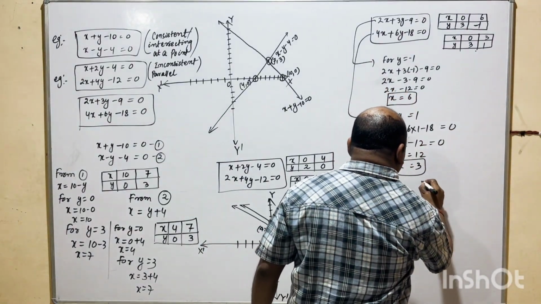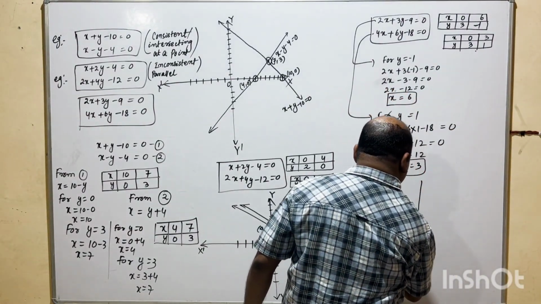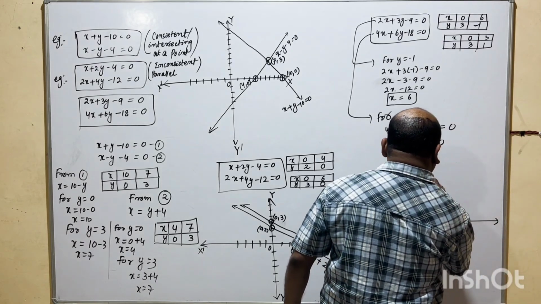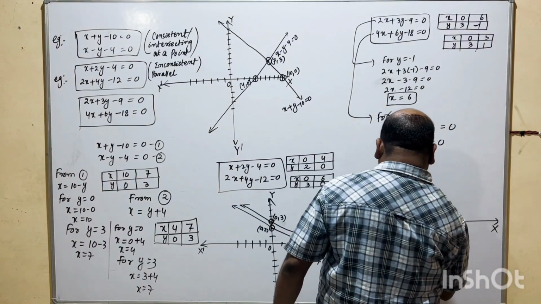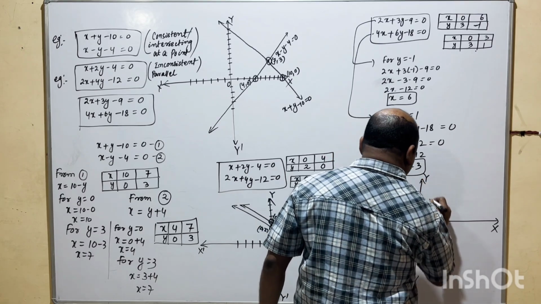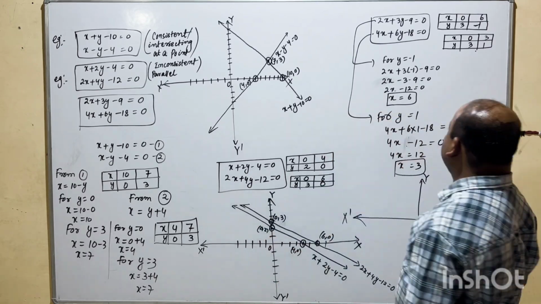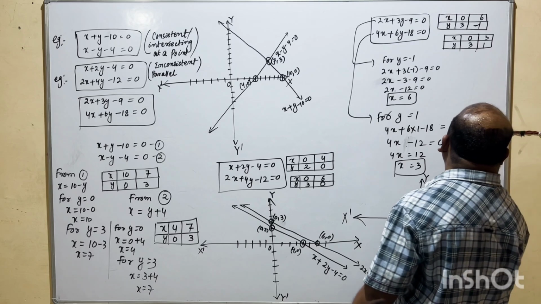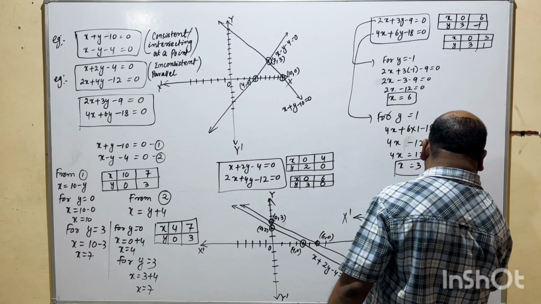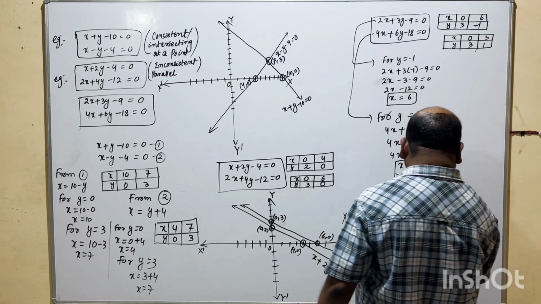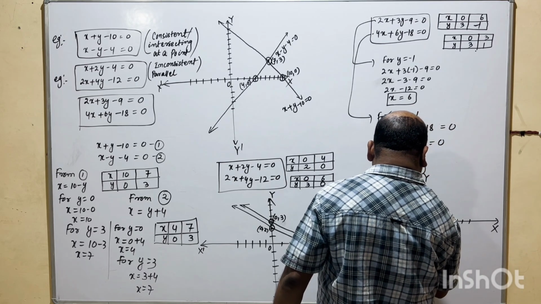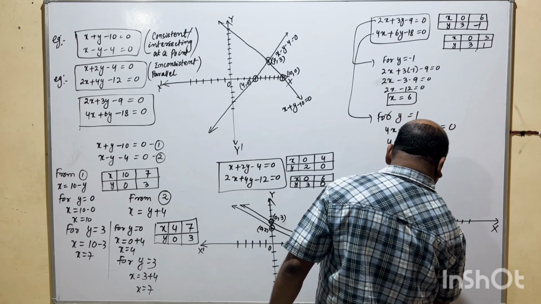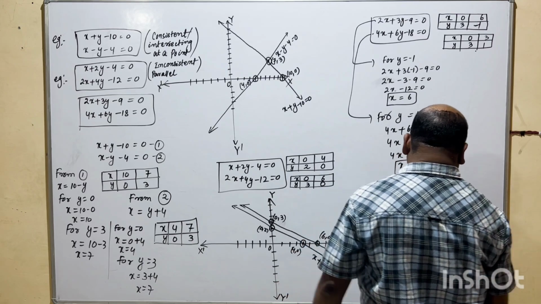Okay, now I am going to represent this on this Cartesian plane. XOX dash axis, YOY dash axis. So 0, 3, 1, 2, 3, 4, 5, 6, 7, 1, 2, 3, 4, 5, 6, 7, minus 1, minus 2, minus 3, minus 4, minus 1, minus 2, minus 3, minus 4.